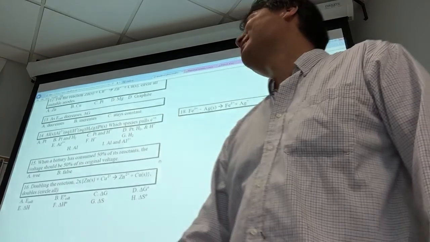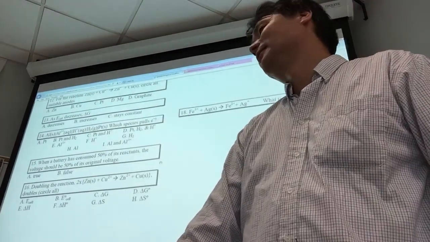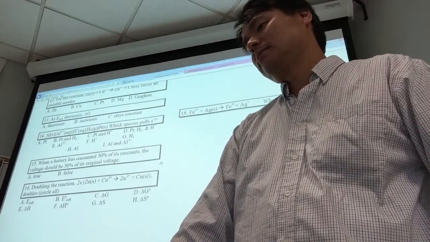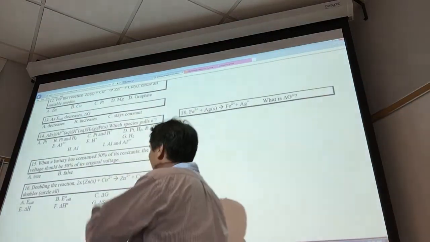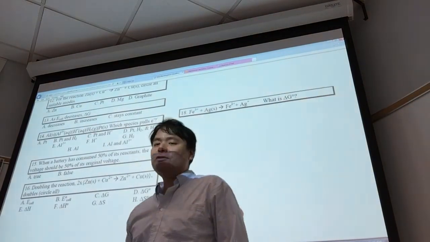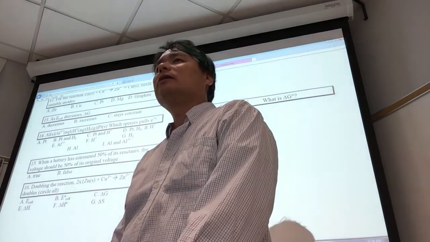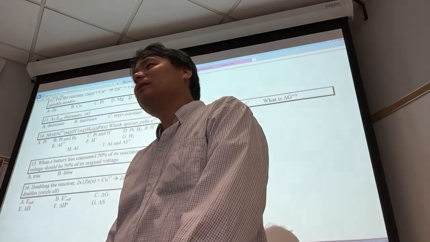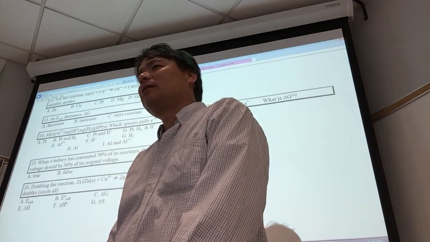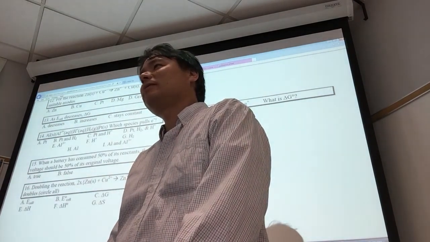So there's a lot of circling. So why doubling the reaction here? If you double the life of the battery, you just doubled the energy, right?